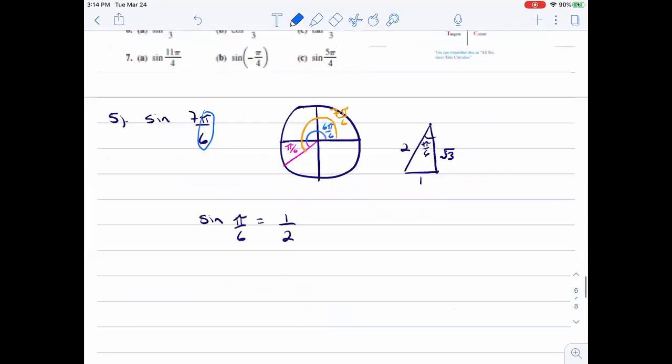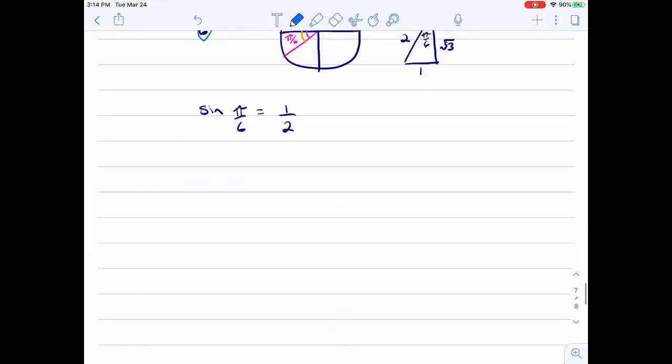We can make a note of that: sine is only positive in the first and second quadrants.